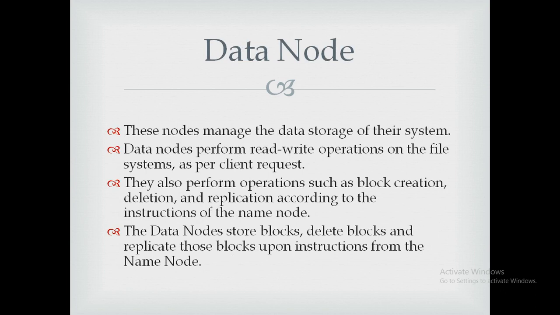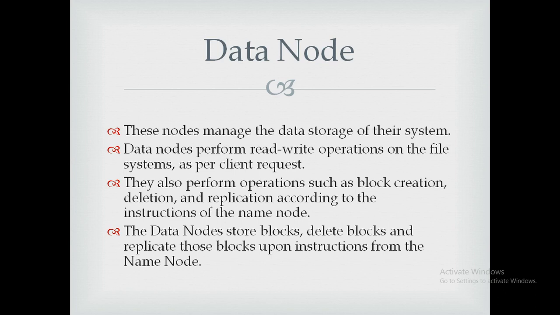So what is the data node? As the name indicates, the data node stores the information or data of the system. Data node performs the read-write operation of the file system as per the client request. It also performs operations such as block creation, deletion, and replication according to the instruction of the name node. So the data node works on the instruction of a name node, and after the instruction it will work on it and send the heartbeats back to the name node.